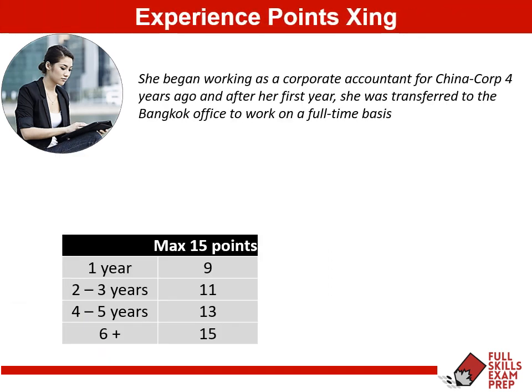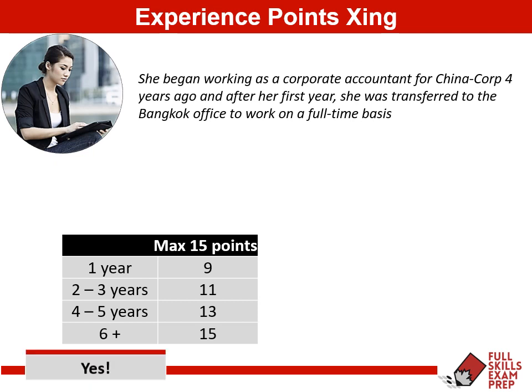Okay, so let's take a look at Shing with regard to the amount of points she would get under the Federal Skilled Worker Program in terms of her experience. As we know from the scenario, she began working as a corporate accountant, so right away you know that that is definitely NOC OAB, 4 years ago.